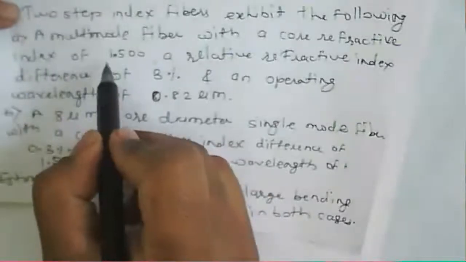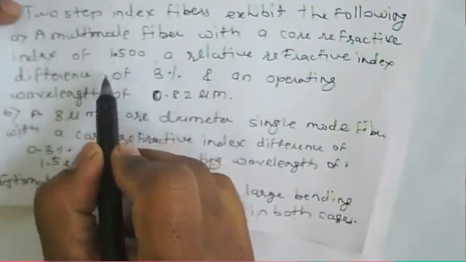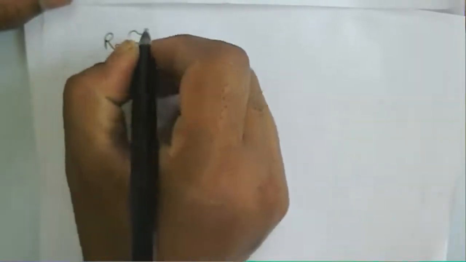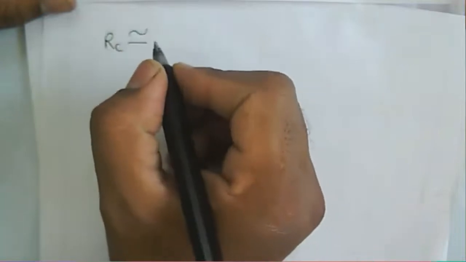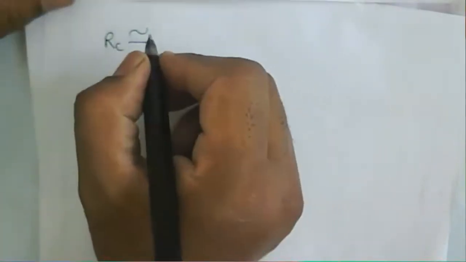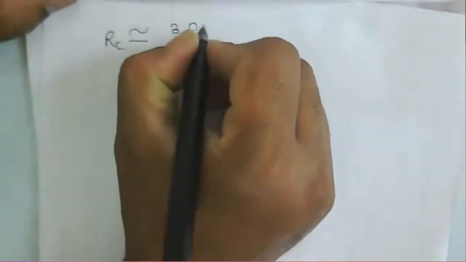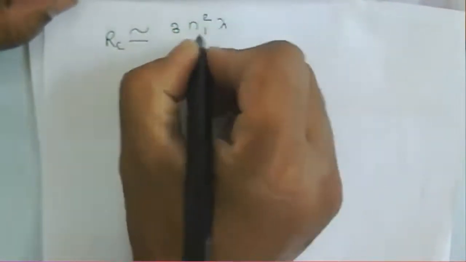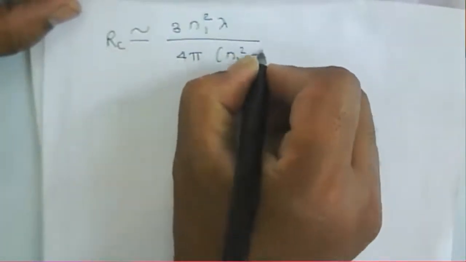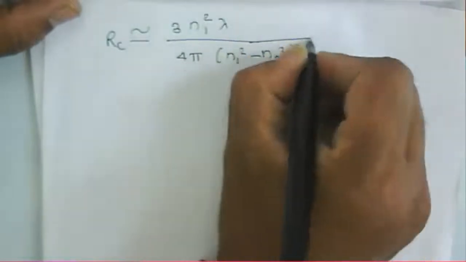Now in the first case, N1 is given, delta is given, and the operating wavelength is given. Now if you see RC, the critical radius of curvature for multimode fiber, RC is equal to 3 N1 square lambda divided by 4 pi times N1 square minus N2 square.